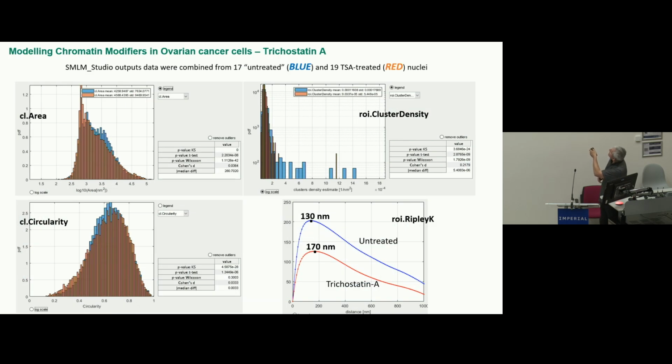You see an untreated cell under Ripley's K, but when you treat with what we call a chromatin opener, you change the architecture of the chromatin in the nucleus, and you start to see different patterns. Now, this type of analysis is not using the image, but the long table of localizations. And this is the new challenge that we have under this imaging modality for computer vision.